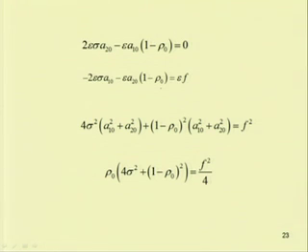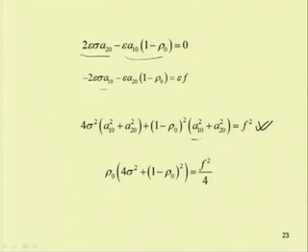From this equation, by cancelling the cross terms, that is 2 into 2 times this term into this term, one can finally get this equation. So, this equation becomes 4 sigma square into A10 square plus A20 square plus 1 minus rho square into A10 square plus A20 square equal to f square.